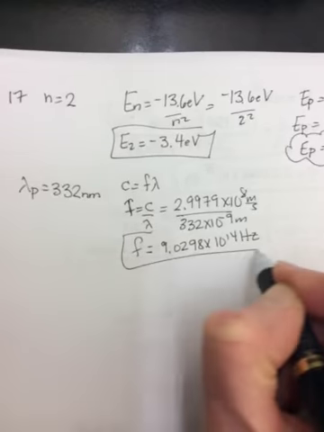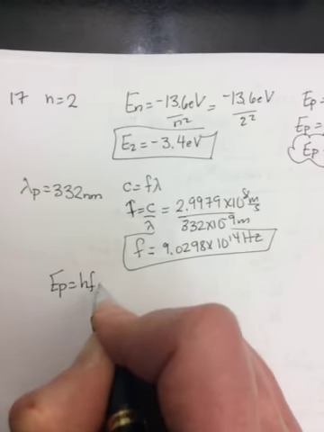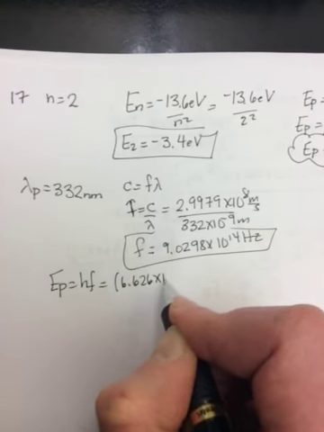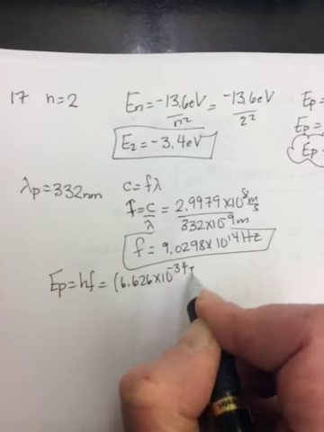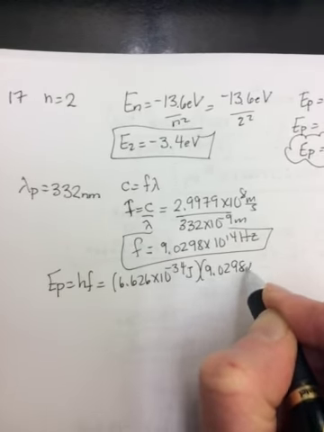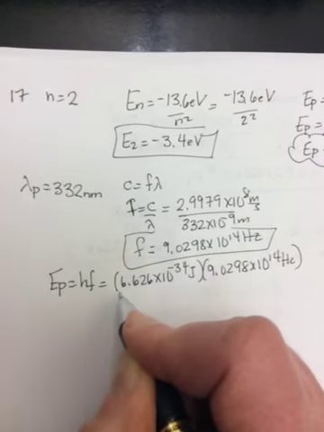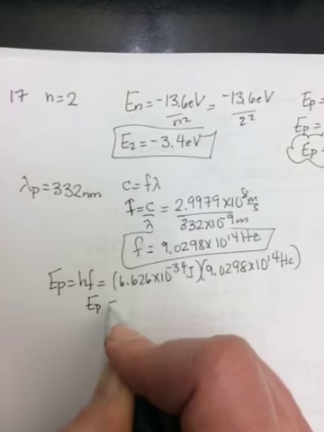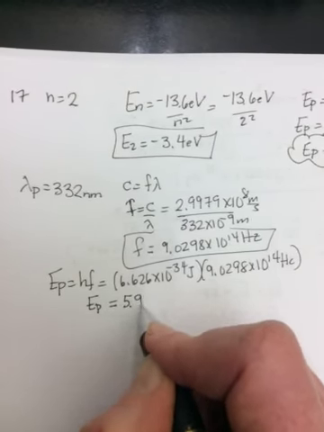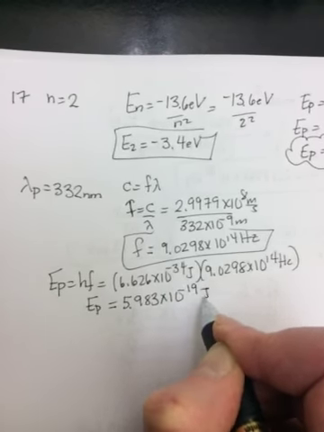Once we have this, we can now find the energy of the photon coming in, hf. So 6.626 times 10 to the negative 34 joule seconds times 9.0298 times 10 to the 14th hertz, and you get an EP of 5.983 times 10 to the negative 19 joules.